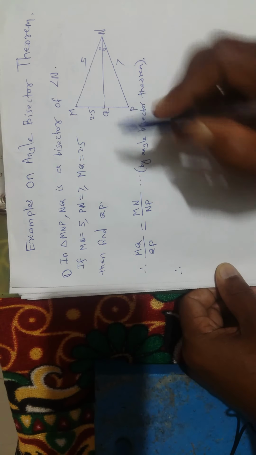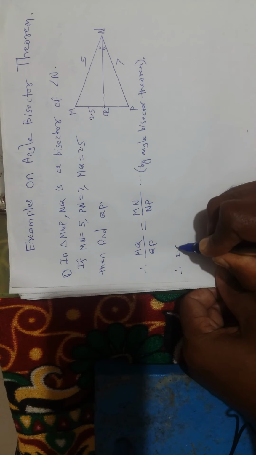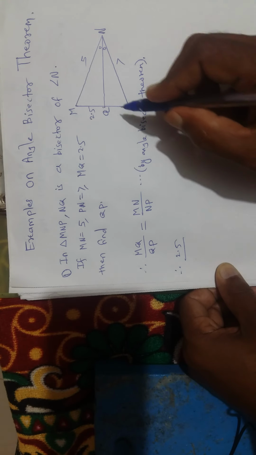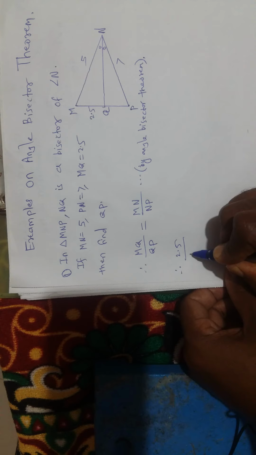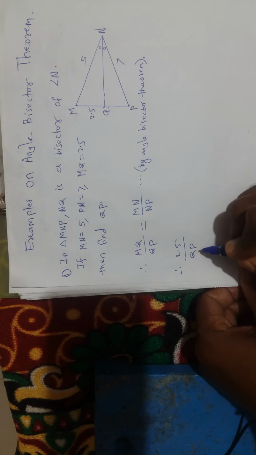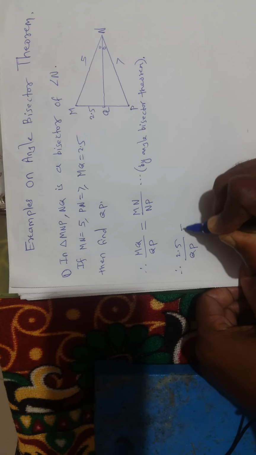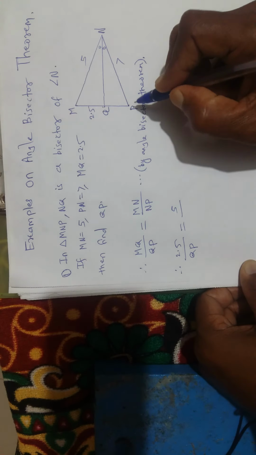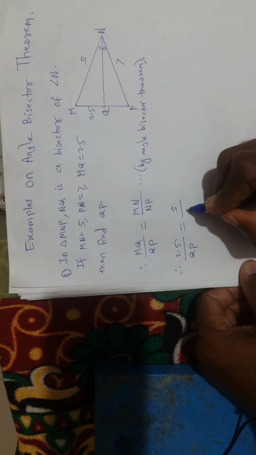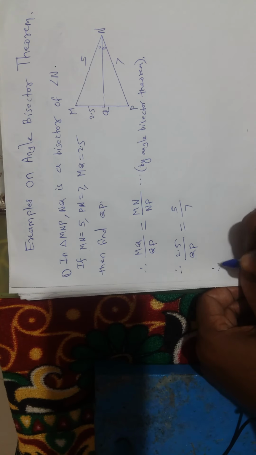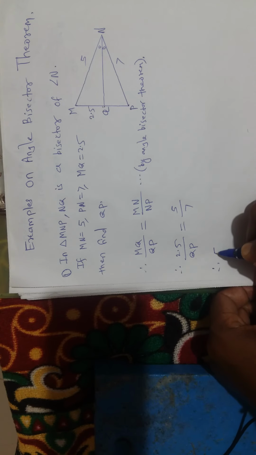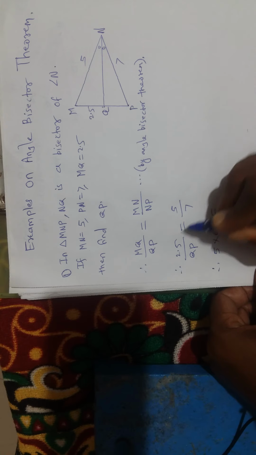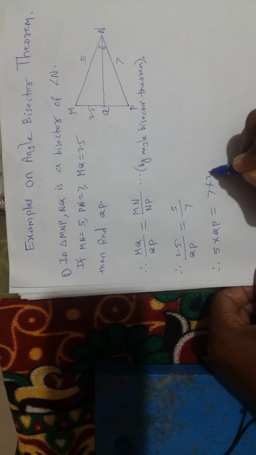The value of MQ is 2.5 upon QP, which is not given. So we write QP, that is equal to, what is the value of MN? That is 5, and the value of NP is 7. Make cross multiplication. 5 into QP is equal to 7 into 2.5.